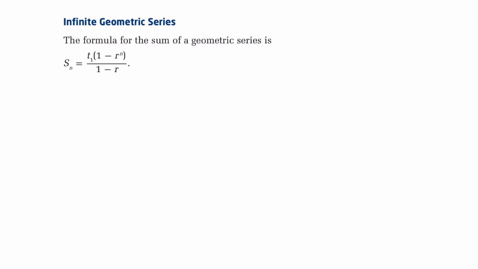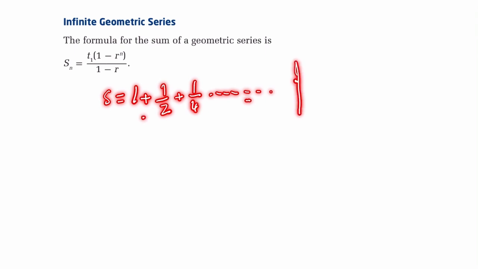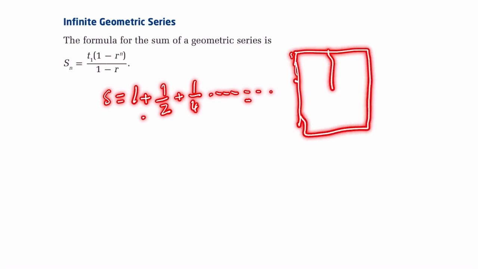Imagine you have a series like this: S is equal to 1 plus 1/2 plus 1/4, and so on and so on. To represent this graphically, we have a paper and we divide it in half.